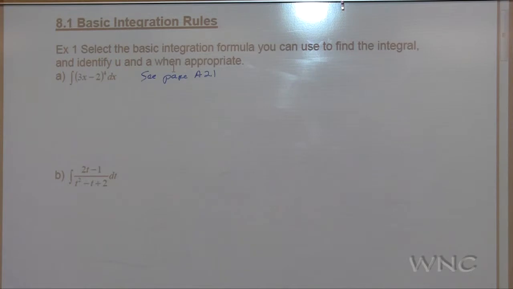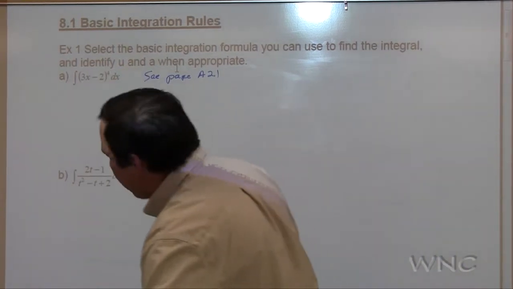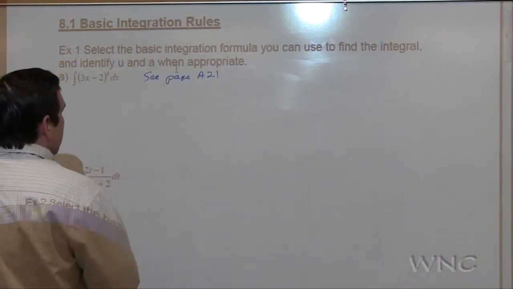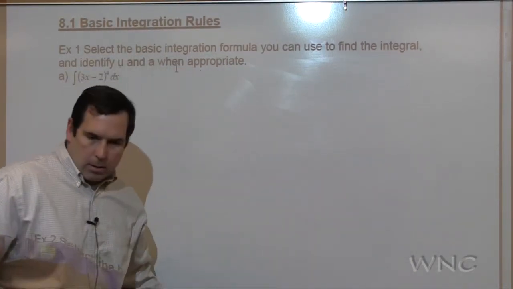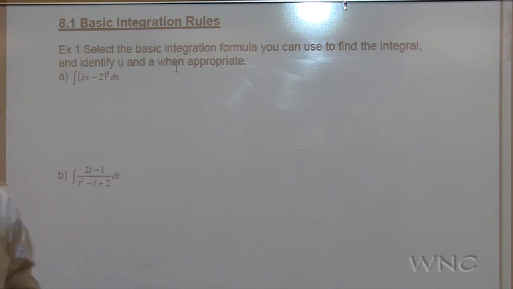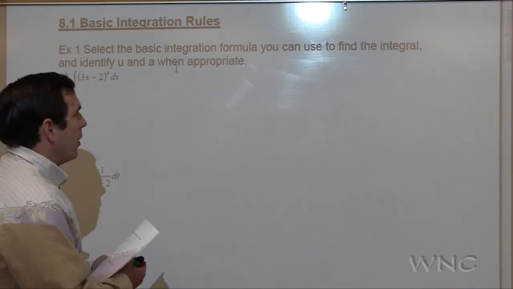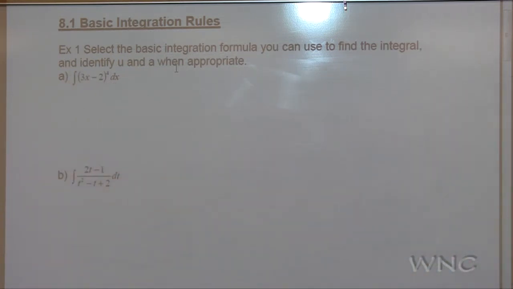Problem is 3x minus 2 to the 4th power. So what should we do with this? If you look at the first one, it is the integral of u to the n. And this is something that you're all, I'm sure, very familiar with.